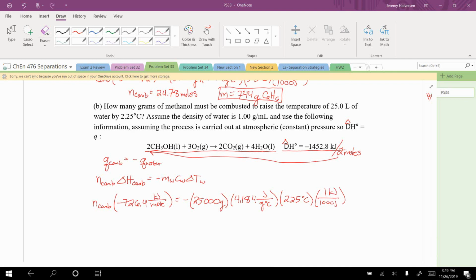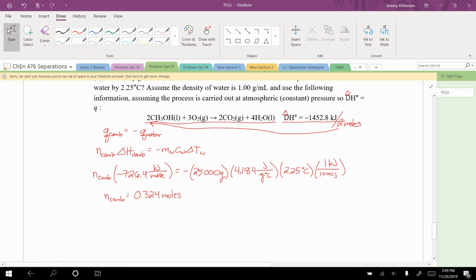And I'm going to take a shot in the dark here and say that I typed something into my calculator wrong. Yes, I did. That's more like it. n combustion equals 324 moles.